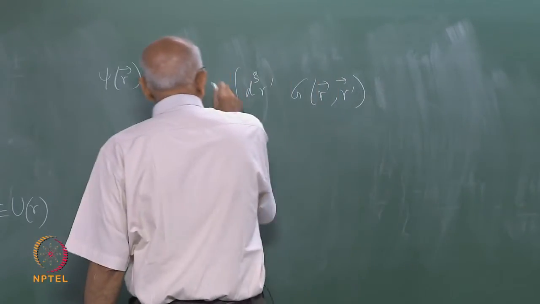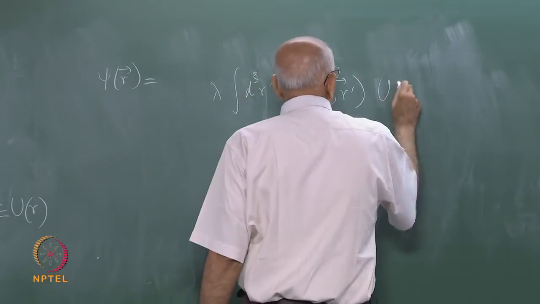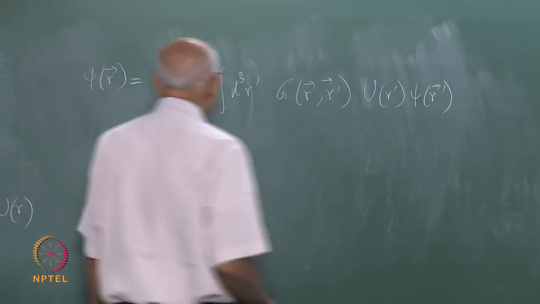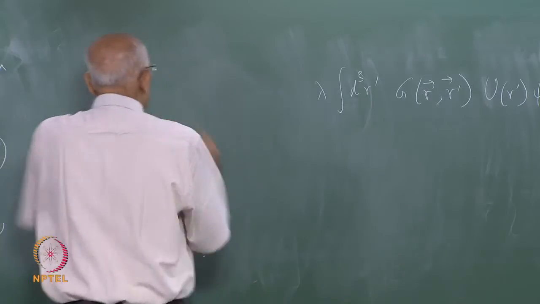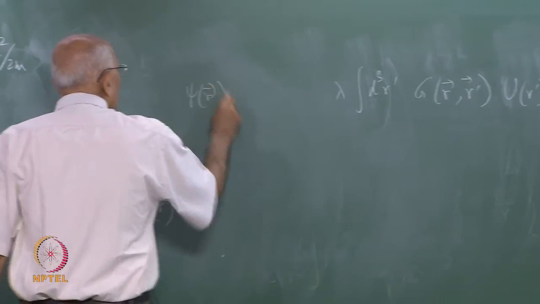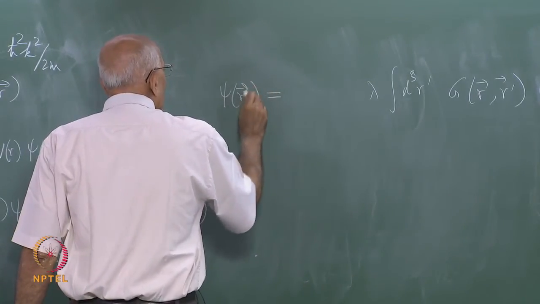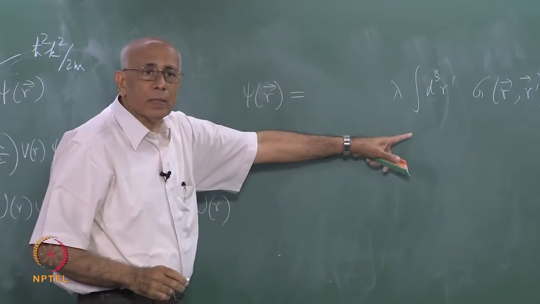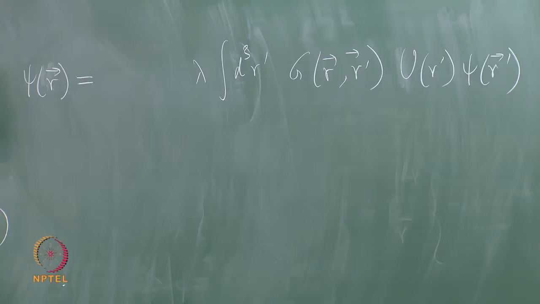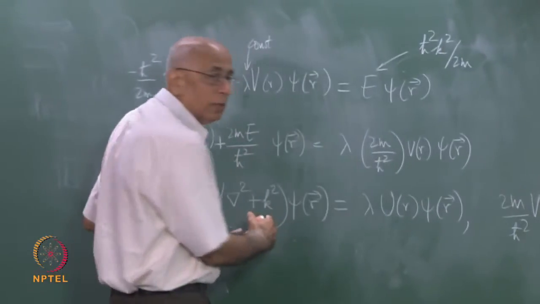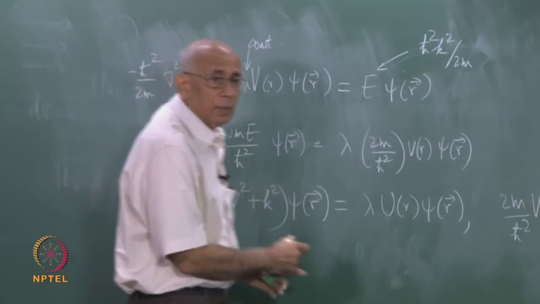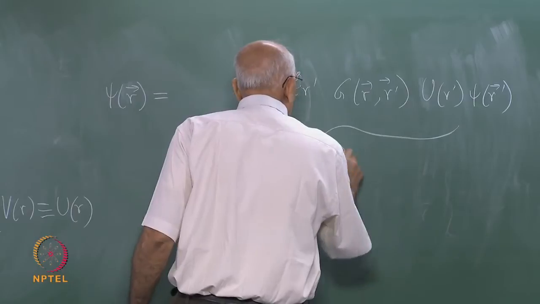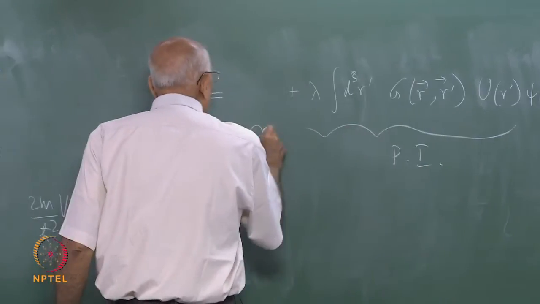So there is a lambda that is going to sit here, and then U of r prime psi of r prime. That is the particular integral, where this G is precisely the Green function for this operator, plus a complementary function.